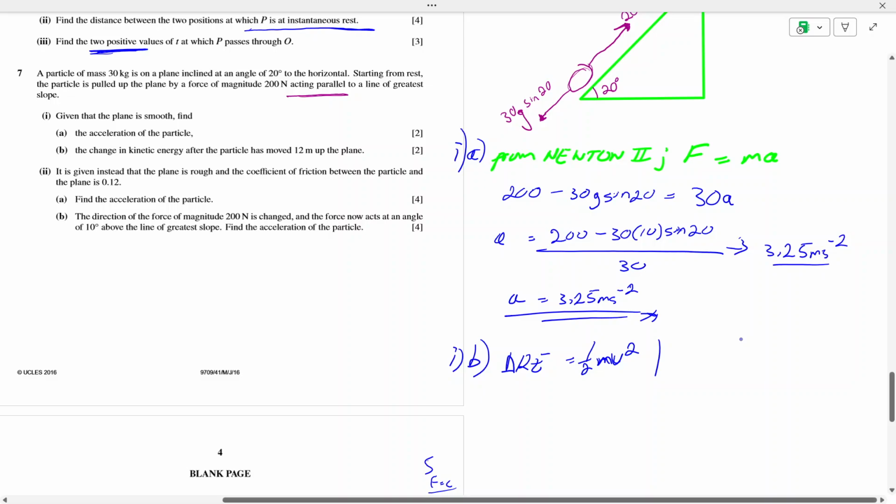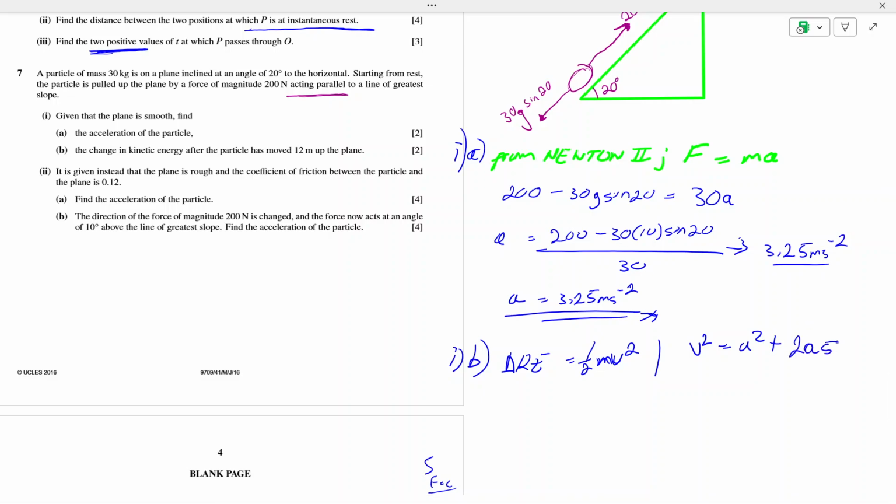Sorry, which is v squared is equal to u squared plus 2as. You have to use the SUVAT equation which you have the most variables for, right? So we know that u, the initial velocity, starts off at rest, so it's 0. I know the acceleration, which is 3.25. I know the distance it travels up the plane, which is 12 meters. So therefore, v squared is equal to 2 multiplied by 3.25 multiplied by 12.